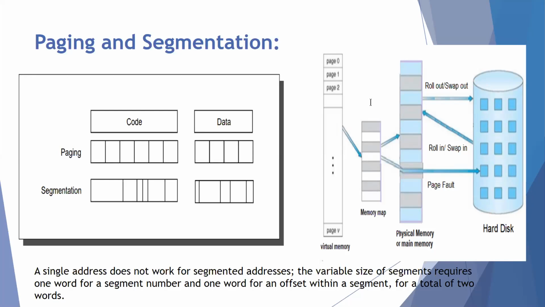Then there is a memory map which identifies to which main memory location the respective page has been mapped from the virtual memory. So the virtual address gets mapped to a physical address. I hope you all are getting now.